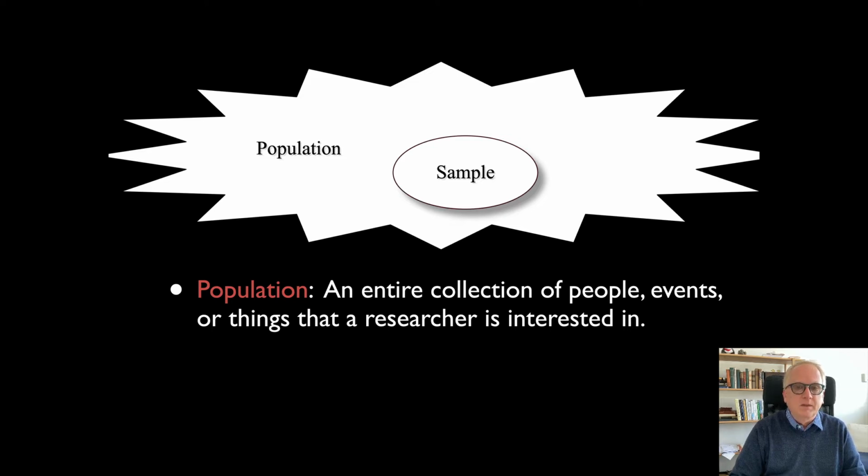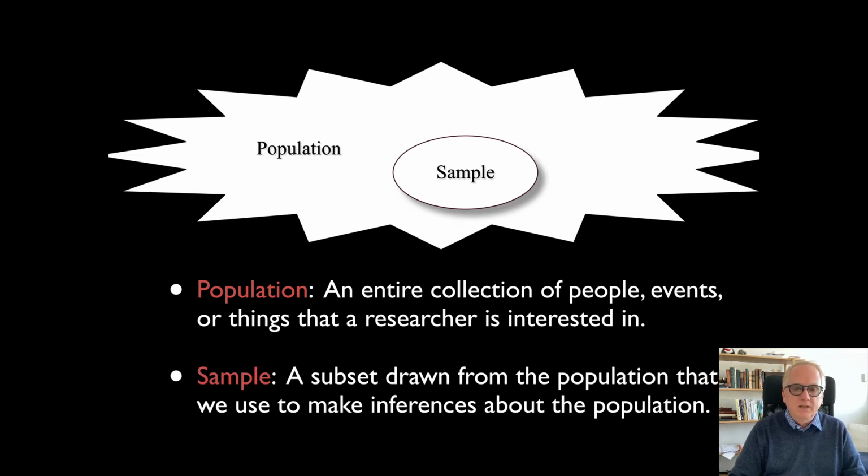So this would be very large, and it's possibly impossible to ever fully know everybody in the population. But what we end up doing in psychology is working with samples, a subset that's drawn from the population that we use to make inferences about the population. We'd like to be able to make generalities and descriptions and statements about what the population is like, but we're going to be working with a sample, which is just a subset that's drawn from that population.